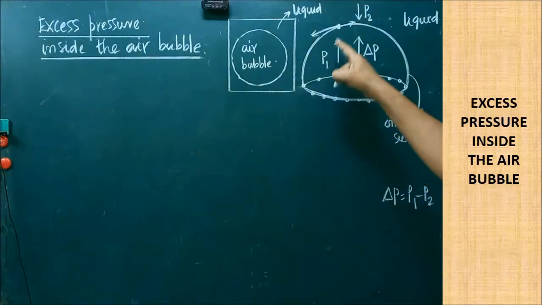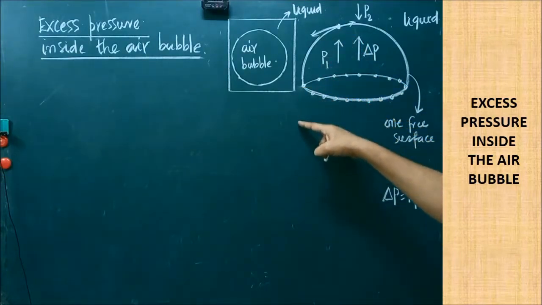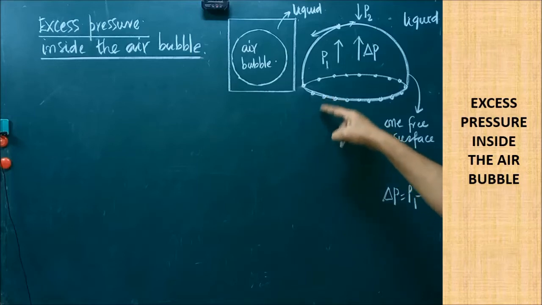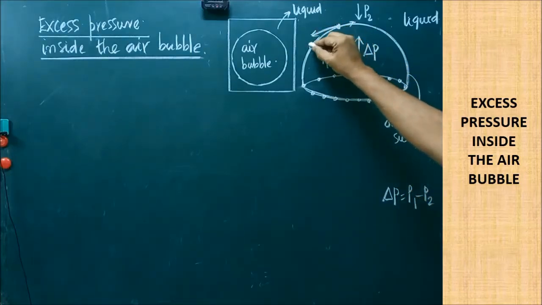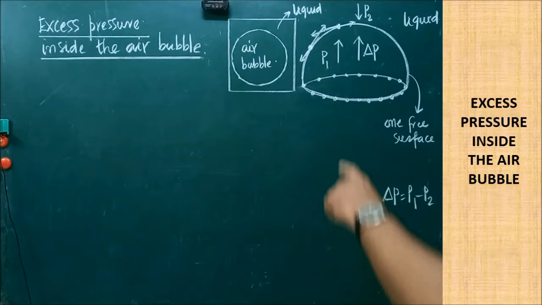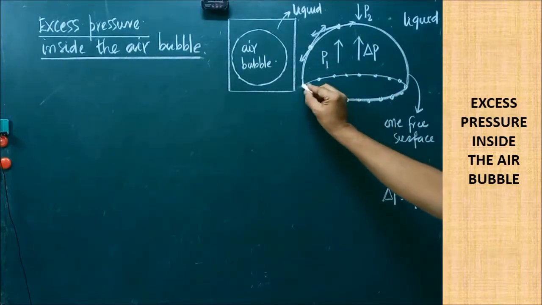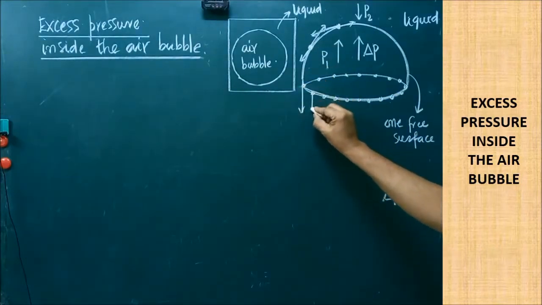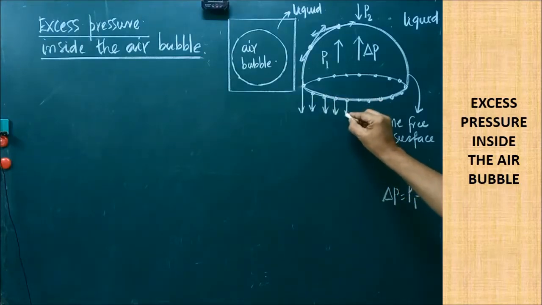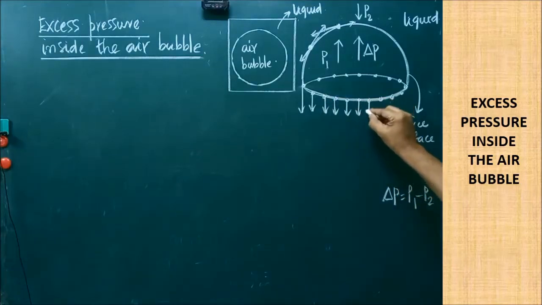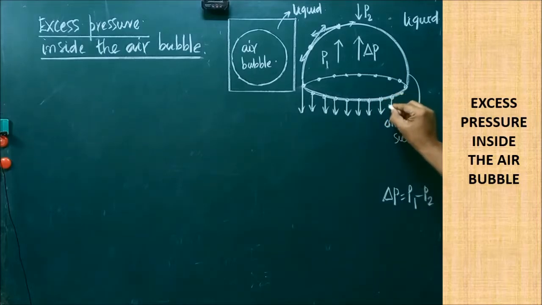So on each molecule, what will happen? The force due to surface tension acts in the downward direction, because if the lines are extended for other molecules also, the tangential forces act on either side. If the same lines are extended here, these are all the directions of the force due to surface tension. So on each molecule, the force due to surface tension is acting downward.